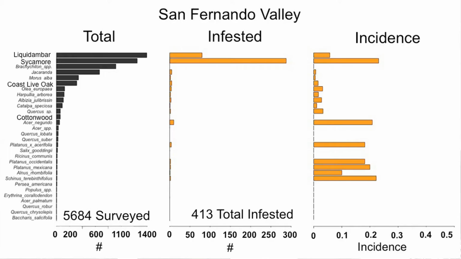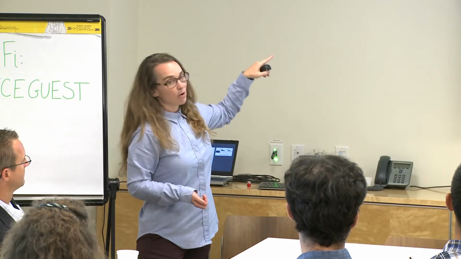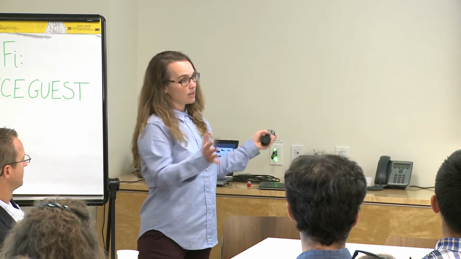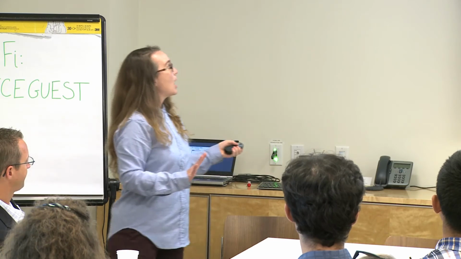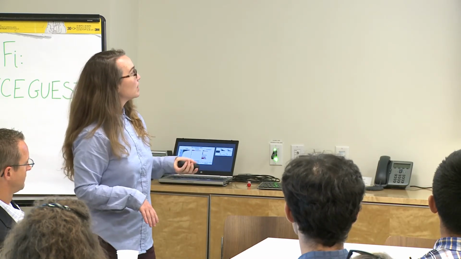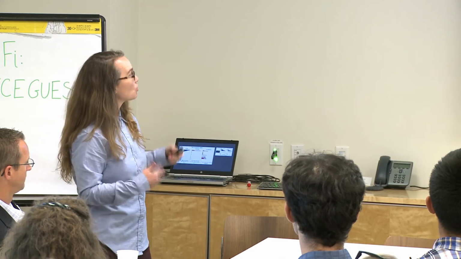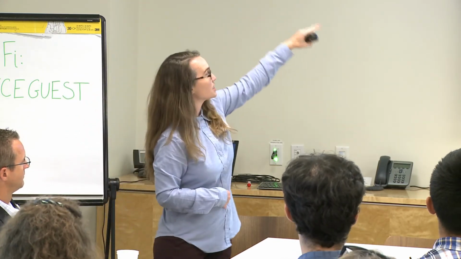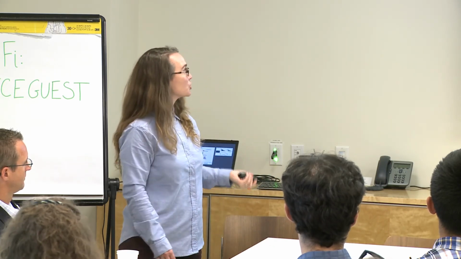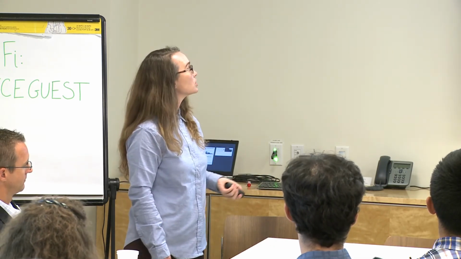Again, a similar pattern in the San Fernando Valley in terms of the species, but the one takeaway here is that the liquid amber was much more abundant in that San Fernando Valley urbanscape, but was less affected by the disease. So it strongly preferred sycamore, which is that second orange bar at the top.